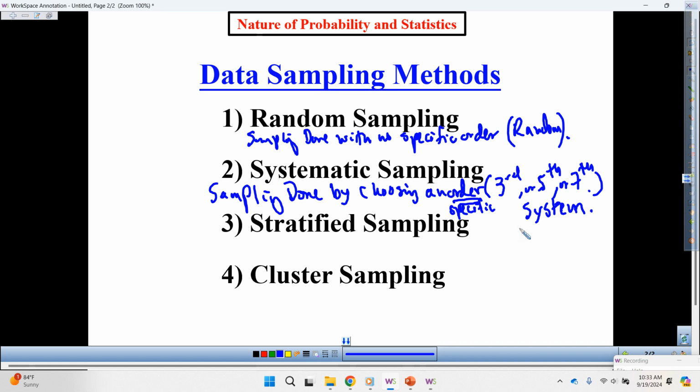So think about it. Look around. How did I stratify? Talk it over with your neighbor. What was the strategy? What did I stratify by? All right, have a seat, guys. Sampling done by.